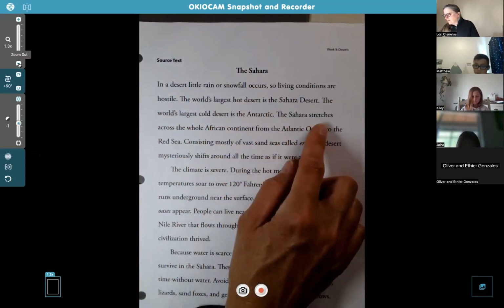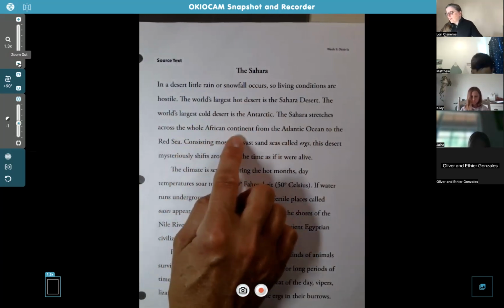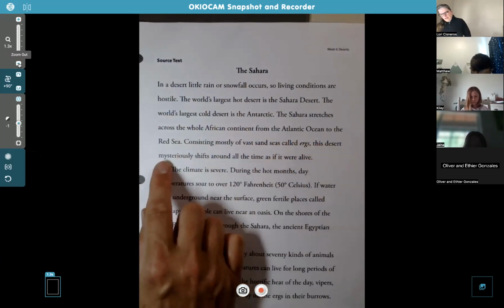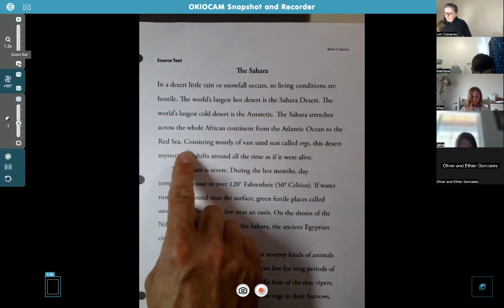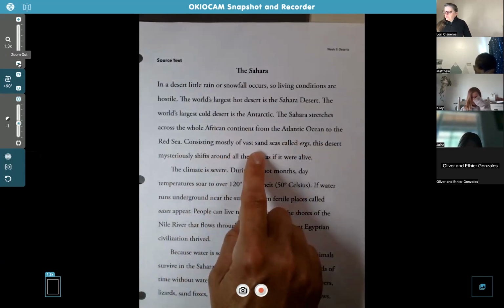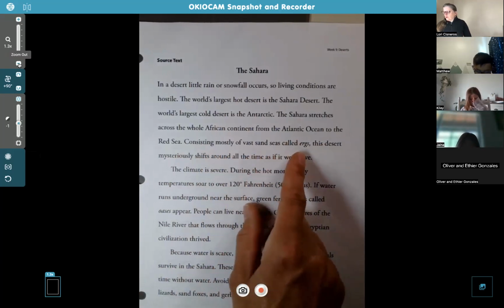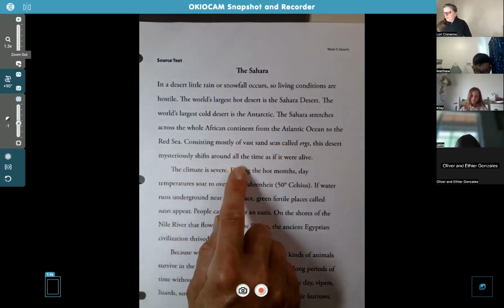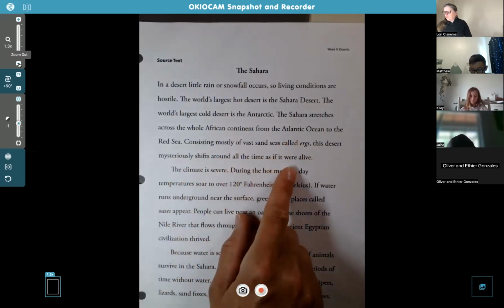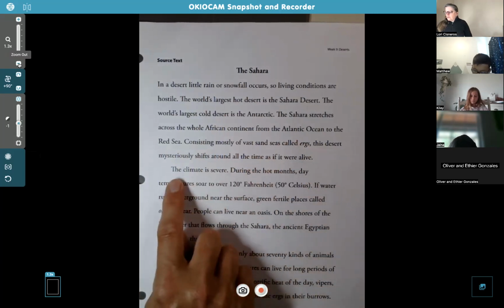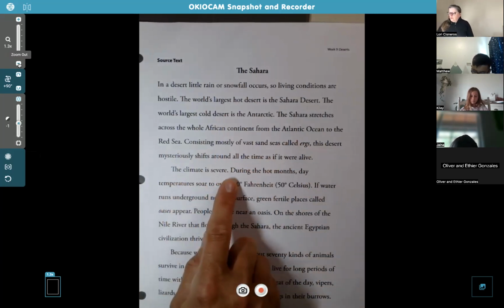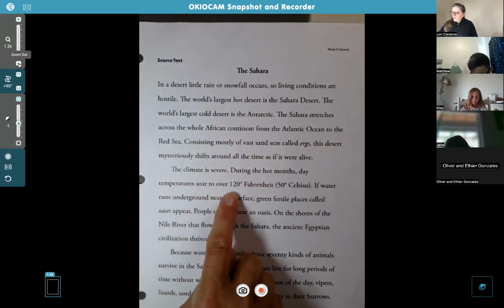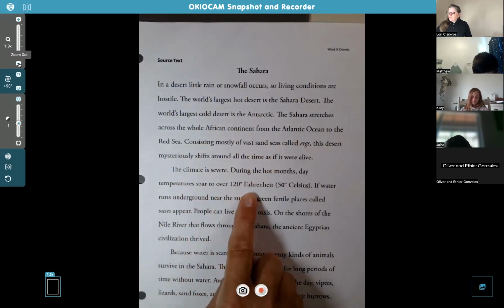The Sahara stretches across the whole African continent from the Atlantic Ocean to the Red Sea, consisting mostly of vast sand seas called ergs. This desert mysteriously shifts around all the time as if it were alive. The climate is severe. During the hot months, day temperatures soar to over 120 degrees Fahrenheit.